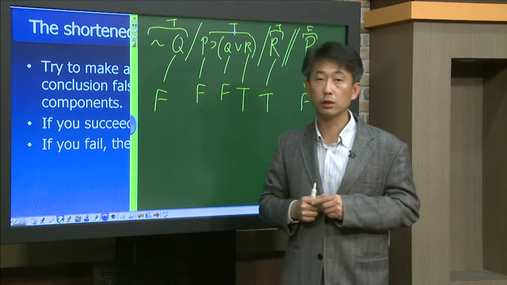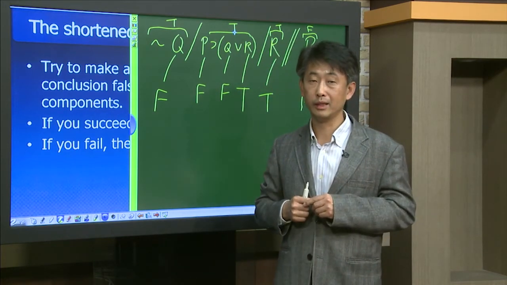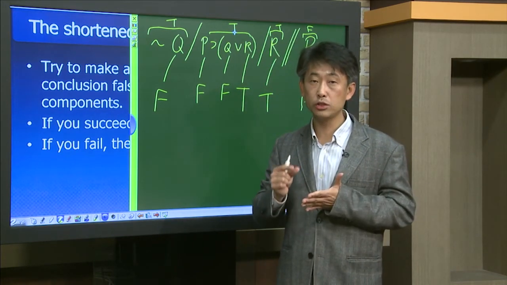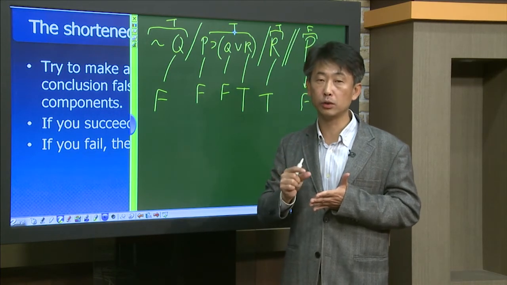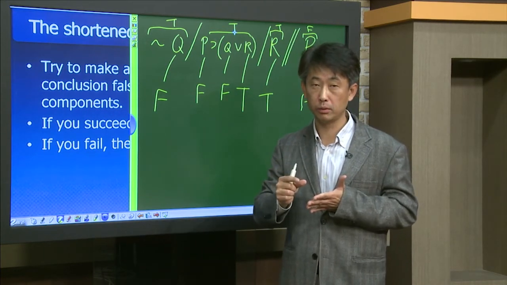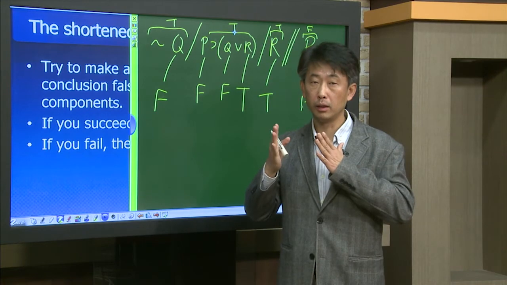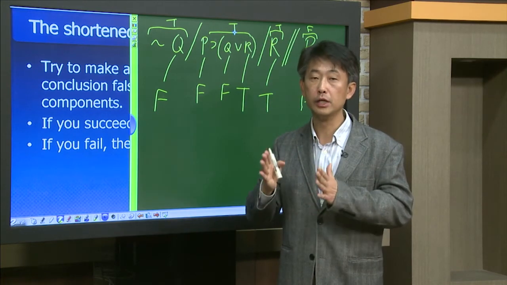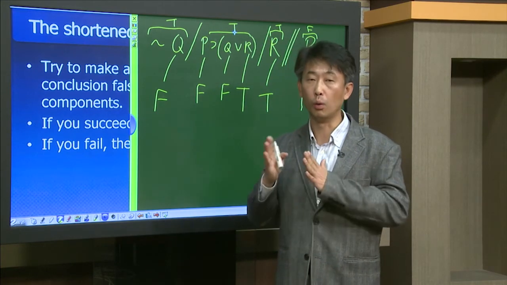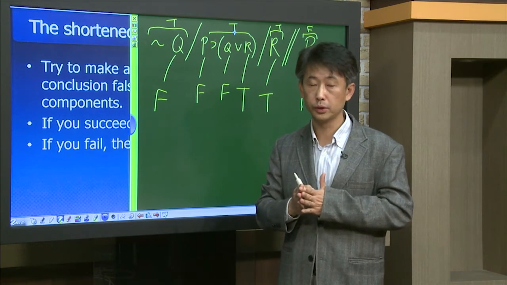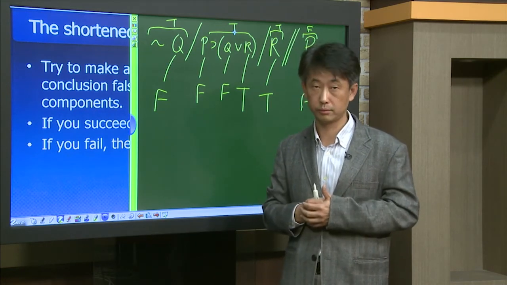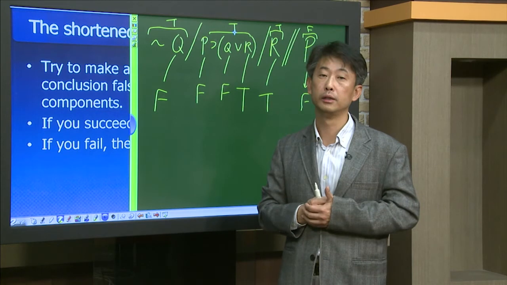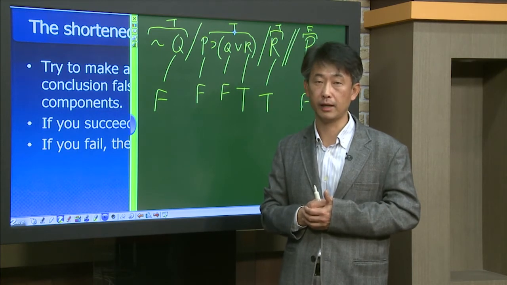Or to put it another way, there is at least one assignment of truth values for component sentences such that all the premises are true and the conclusion false. So that means this argument is invalid.